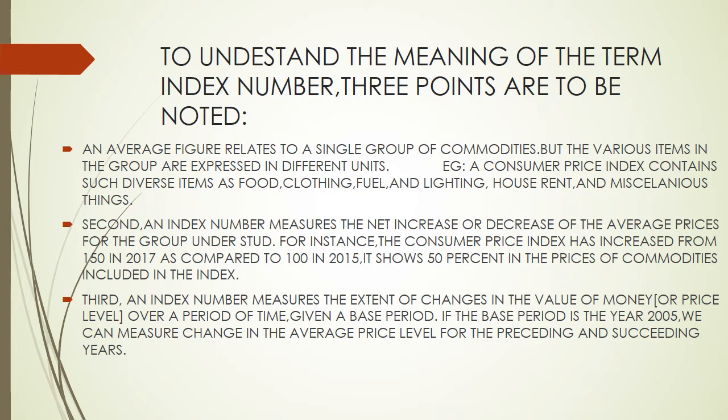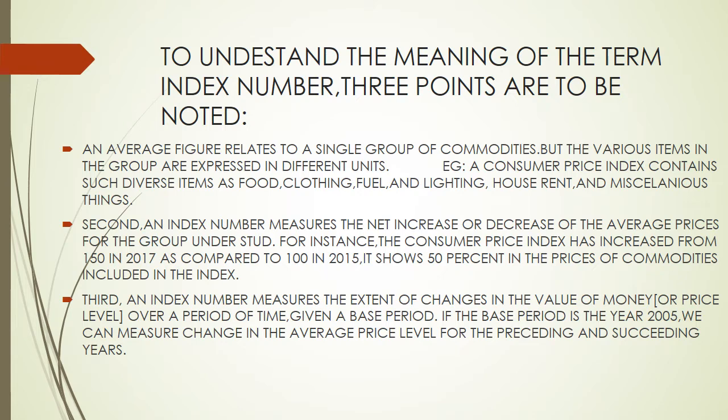The second one is that an index number measures the net increase or decrease of the average prices for the group under study. For instance, the consumer price index has increased to 150 in 2017 as compared to 100 in 2015. It shows a 50% increase in the prices of commodities included in the index. As I said earlier, the example of a book is about 60 rupees in the current period, but in 2015 it was 30 rupees.